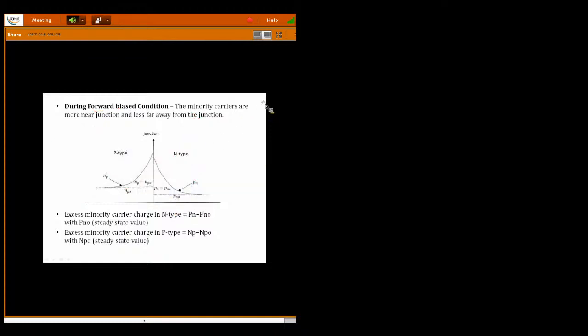See, the minority carriers are more near the junction and less far away from the junction. As I already told you, the middle one is the junction. In the p-type, the majority charge carriers are holes. When the holes enter into the n region, they become minority charge carriers. The n-type majority charge carriers, electrons, enter into the p-type and become minority charge carriers.